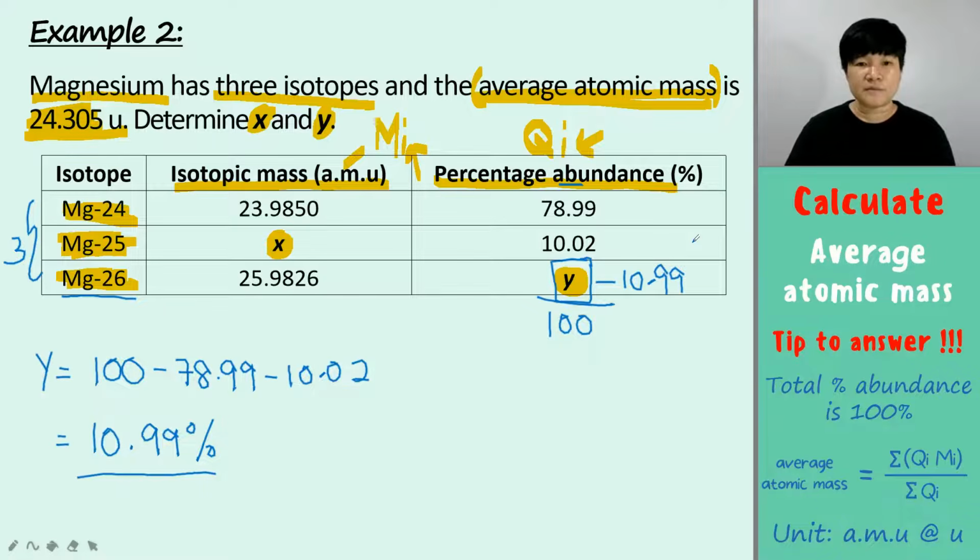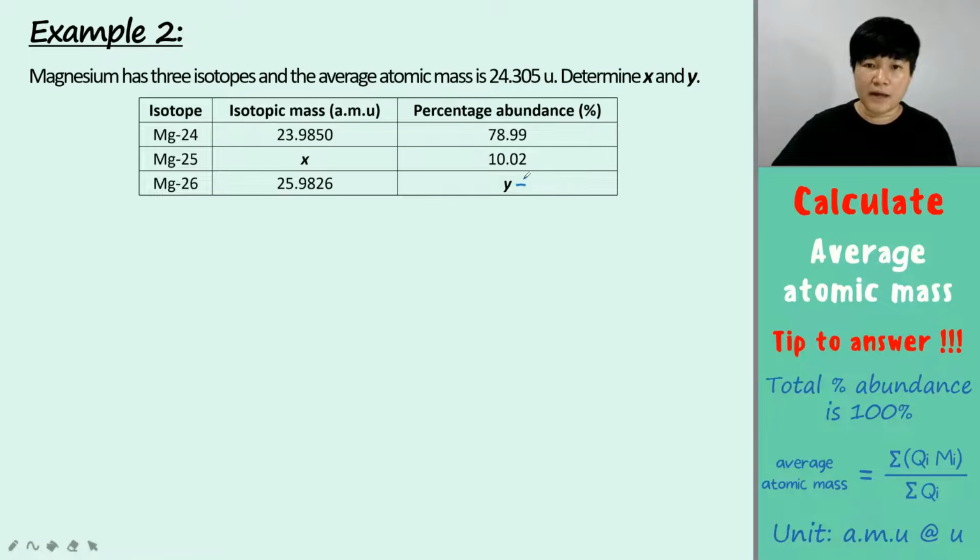Alright, simple? So next, we'll be calculating the X, knowing that your Y just now is 10.99 from the previous slides. So now we need to calculate the X. We are looking for the X right now. Starting off with the average atomic mass first, therefore, the formula of average atomic mass must be written down.